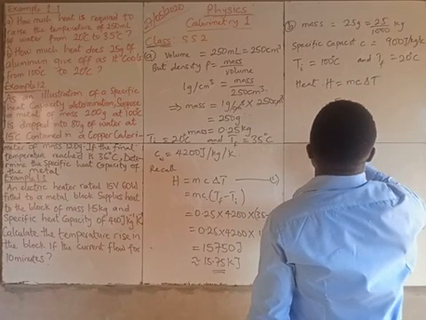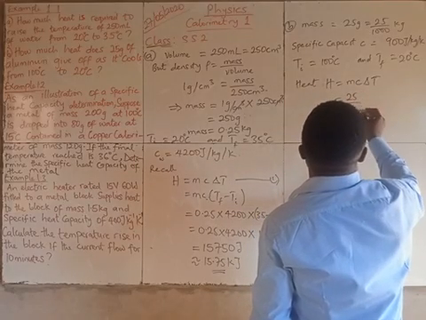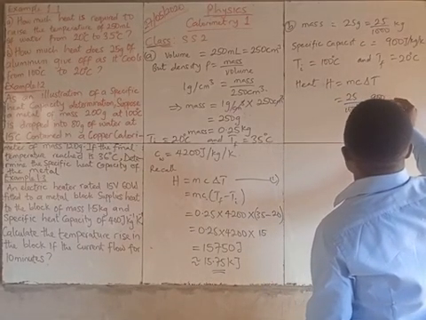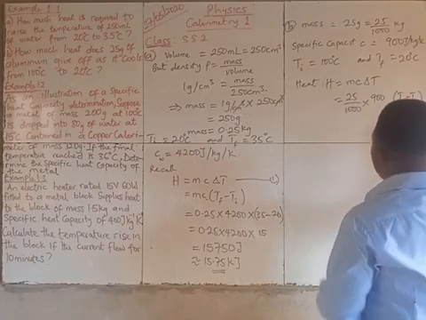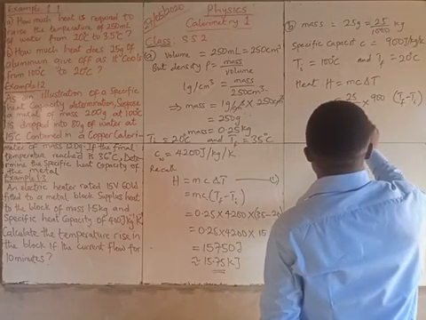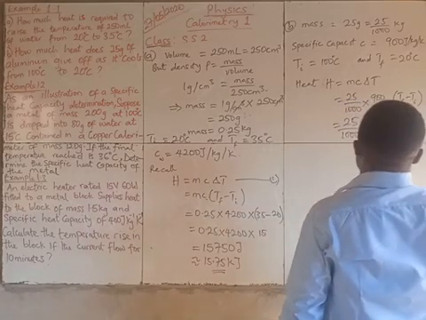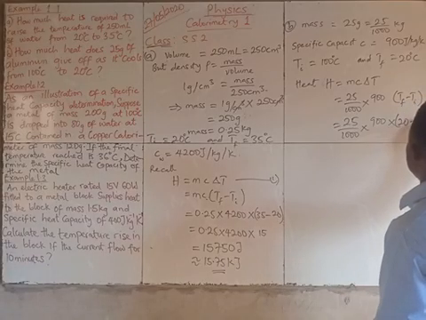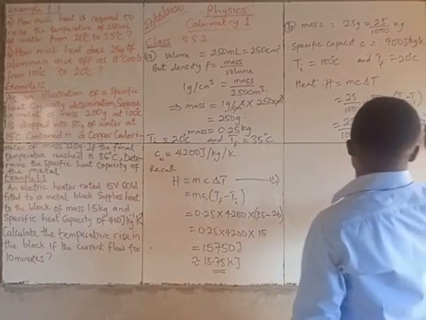And what is our M? Our M is going to be 25 over 1000 times our C, specific capacity of aluminium, 900, times change in temperature, that is T final minus T initial of aluminium, and this will be 25 over 1000 times 900 times our T final, 20, minus 100.